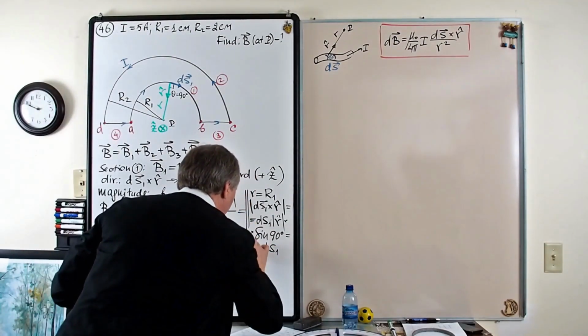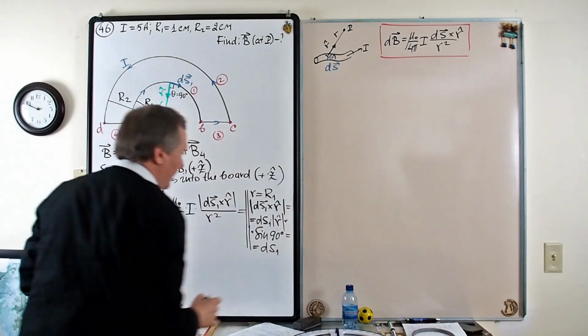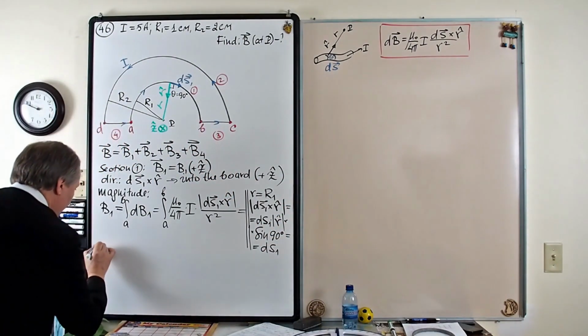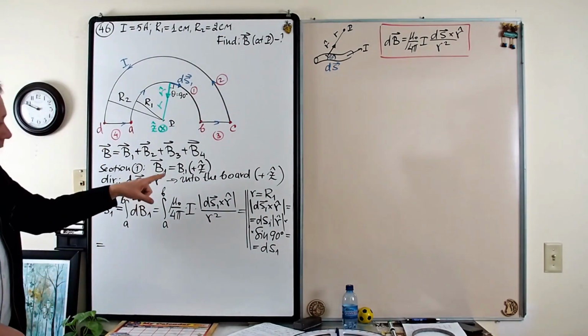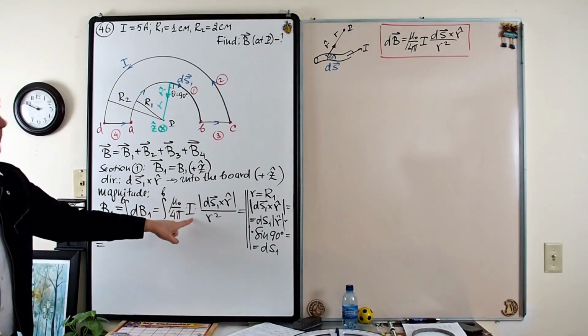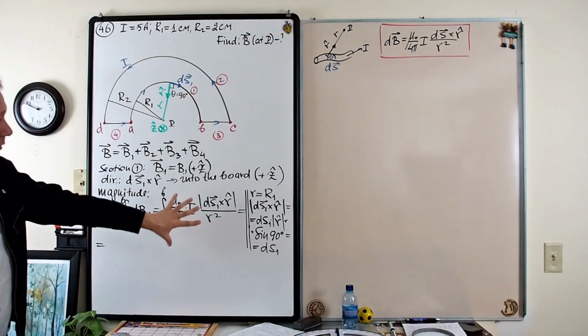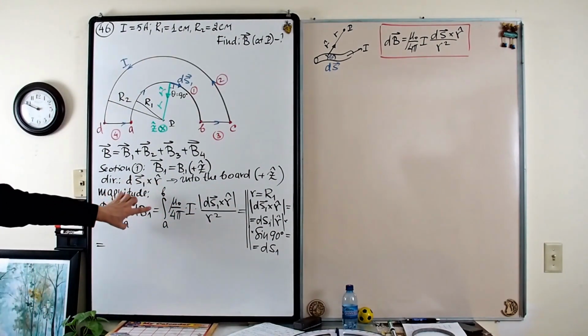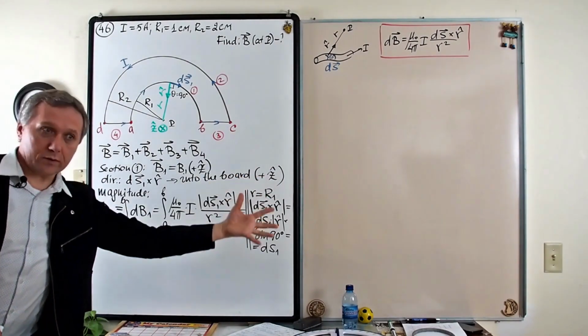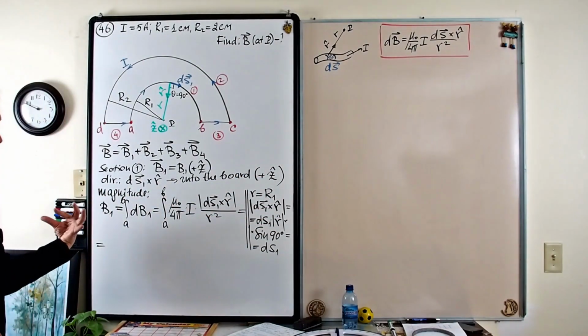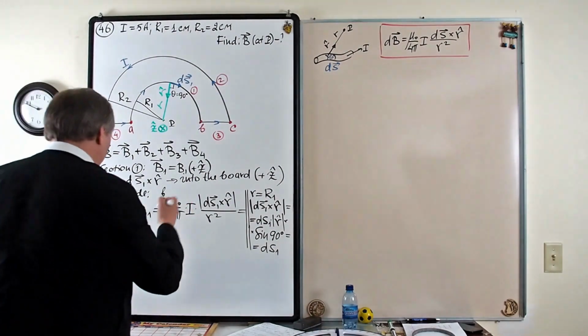Let me continue my explanation box, and now let me continue this equation over here. Mu naught, I, and 4 pi are constants and can be taken outside of the integral. Then r is just R1 squared. Again, constant, so this can also be taken outside of the integral.